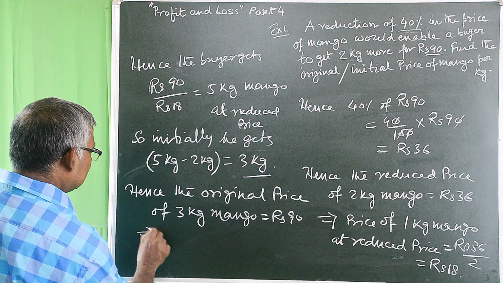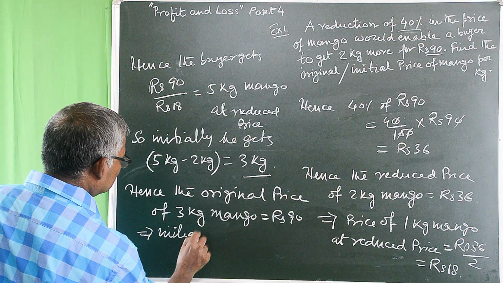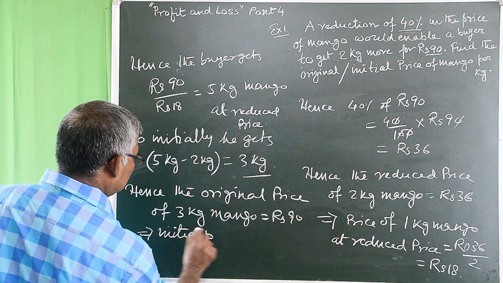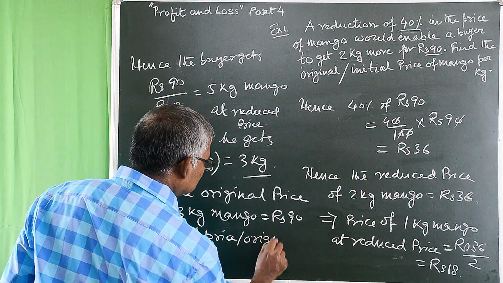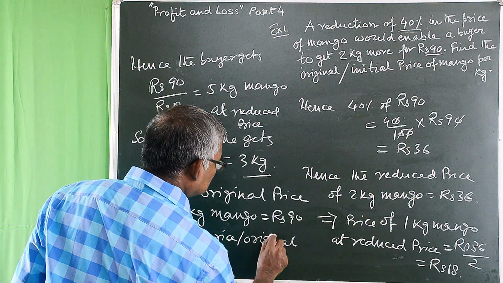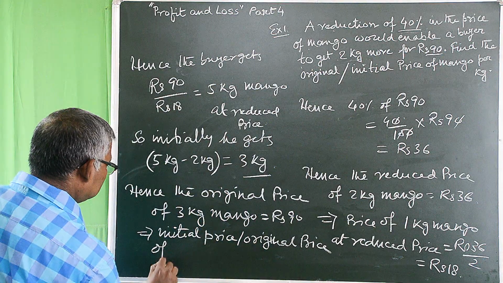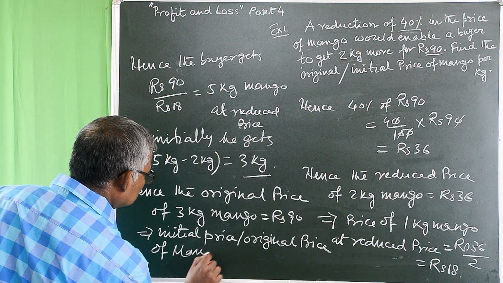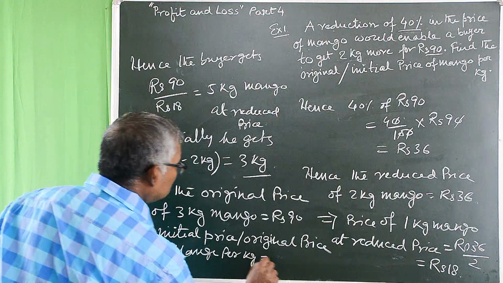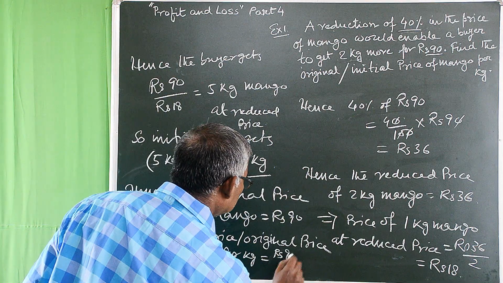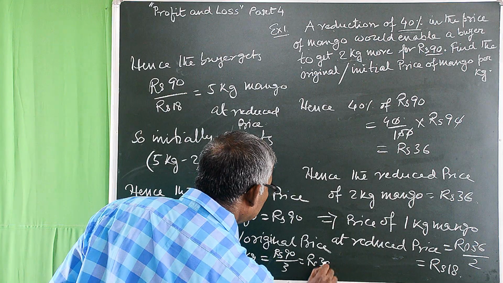This implies that the initial or original price of mango per kilo equals ₹90 by 3 equals ₹30.